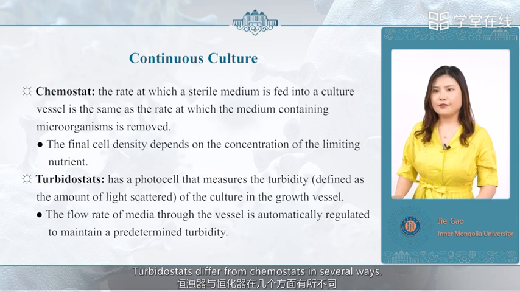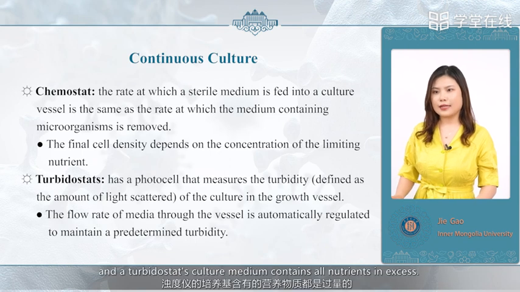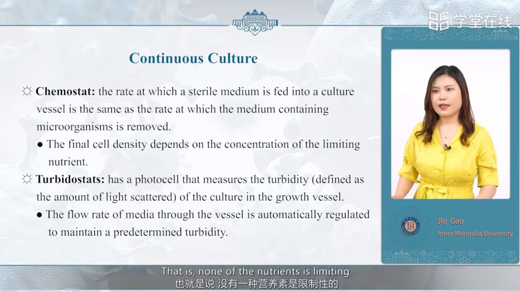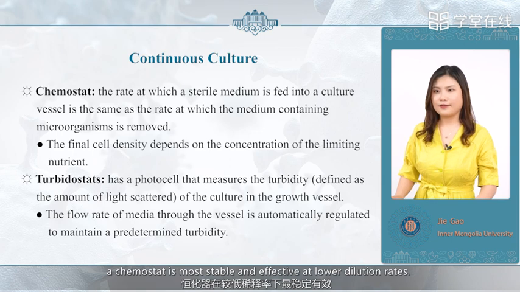Turbidostats differ from chemostats in several ways. The dilution rate in a turbidostat varies, rather than remaining constant, and a turbidostat's culture medium contains all nutrients in excess. That is, none of the nutrients is limiting. A turbidostat operates best at high dilution rates. A chemostat is most stable and effective at lower dilution rates.